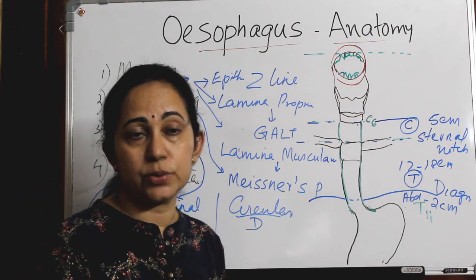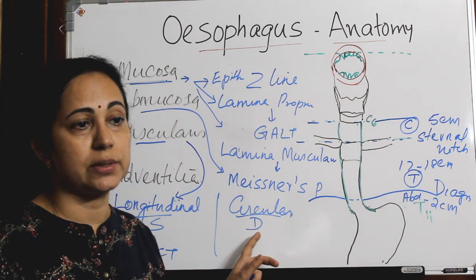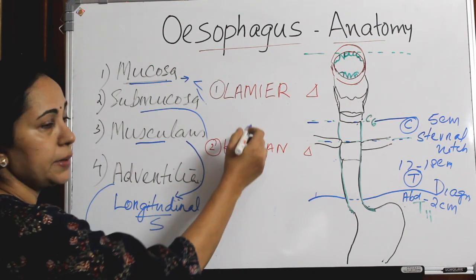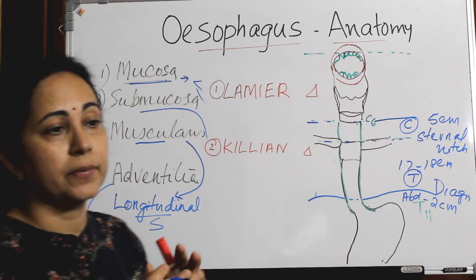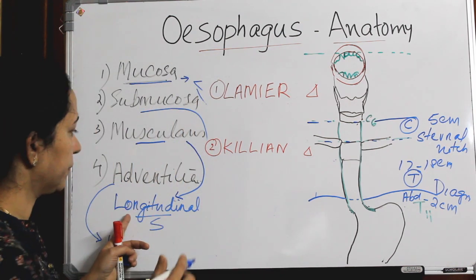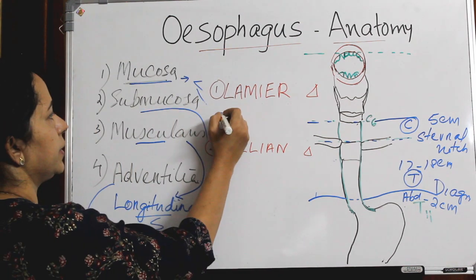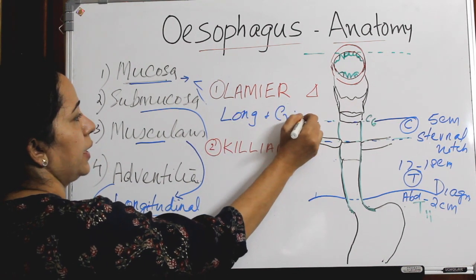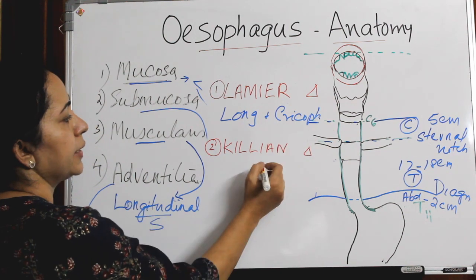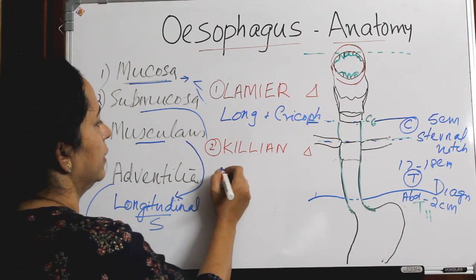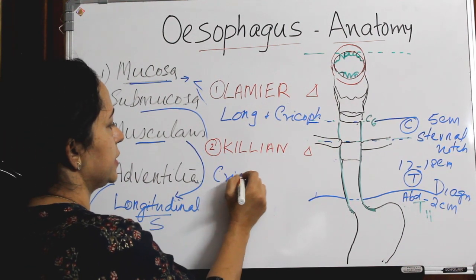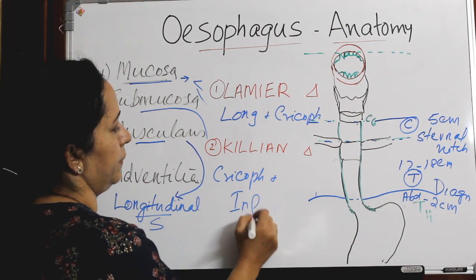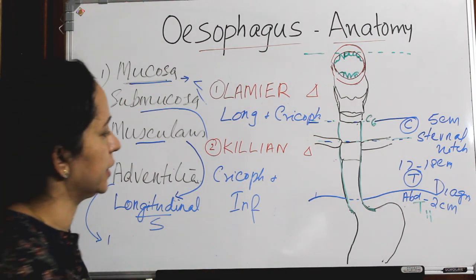Two important areas you have to remember in connection with the structure: Laimer's triangle and Killian's triangle. Laimer's triangle is between the longitudinal muscle fibers and the cricopharyngeus muscle, and Killian's triangle is between the cricopharyngeus and the inferior constrictor muscle, between the two fibers of the inferior constrictor muscle.